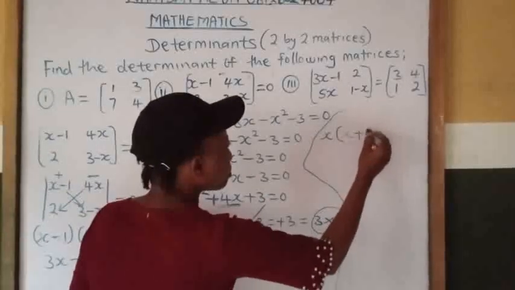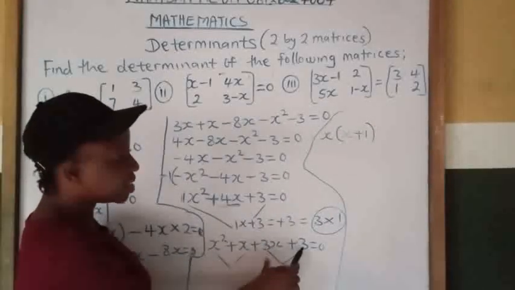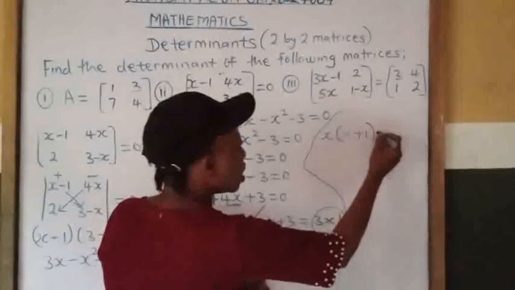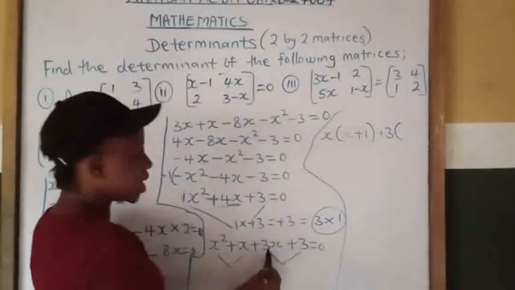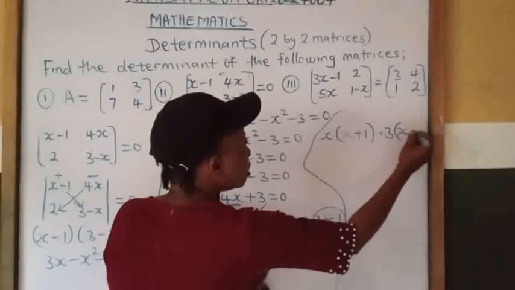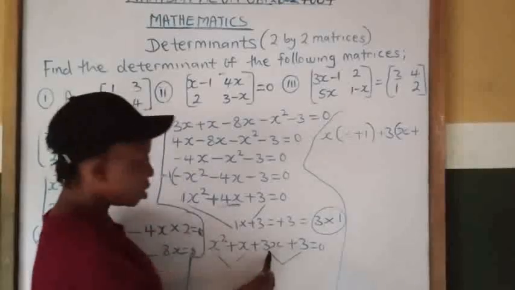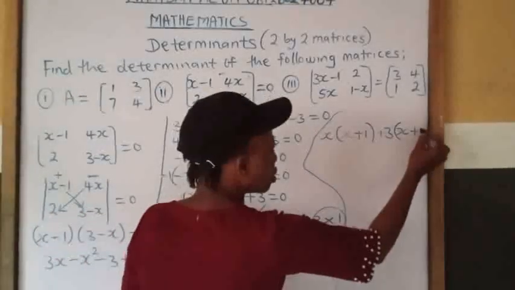That's plus 1. Close the bracket. So what is common to 3x and 3? 3 is common to them. That's plus 3 into bracket. 3 divided by 3x will give us x. Then plus 3 divided by this 3 will give us 1.